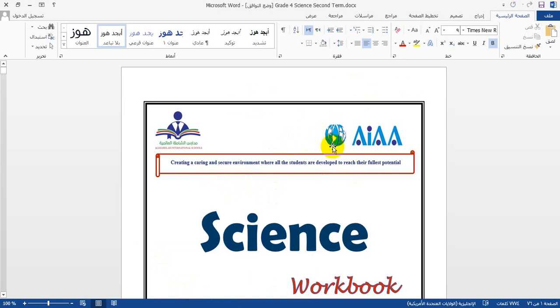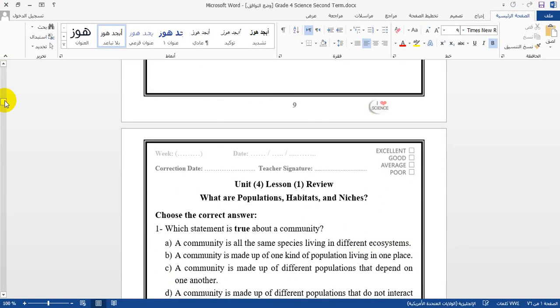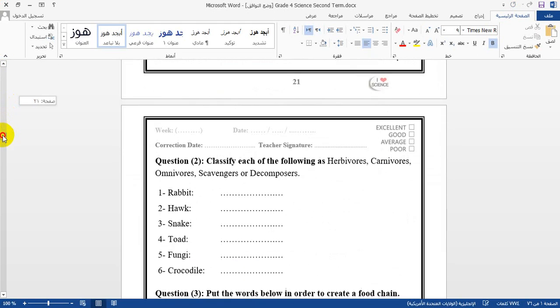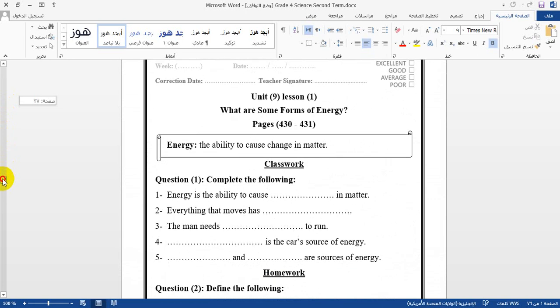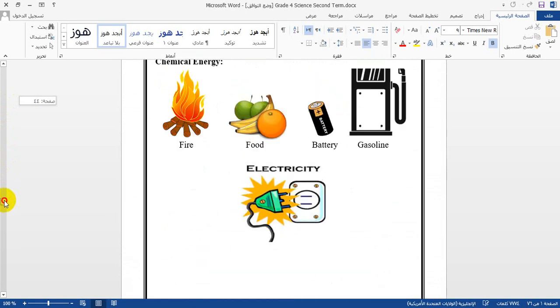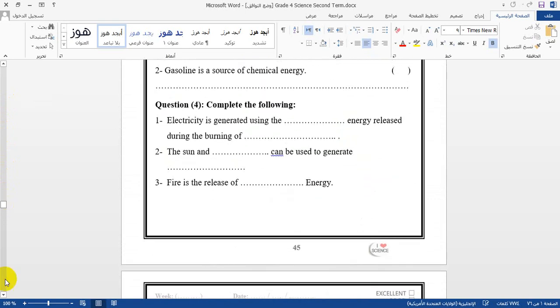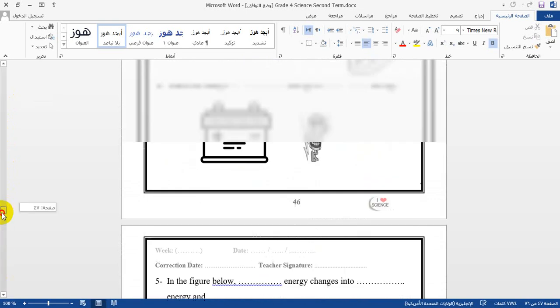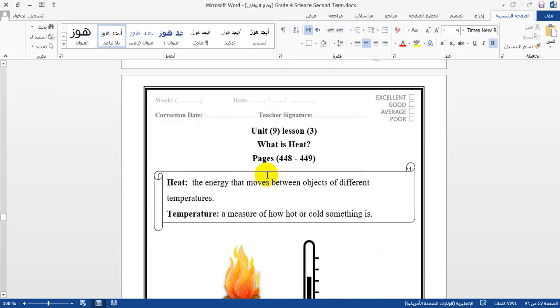But now I want to solve the questions related to our lesson today, so I think we should stop at page 50. Yes, I think it's here.